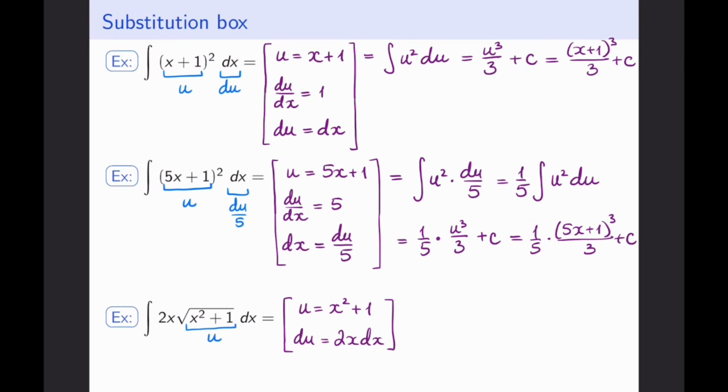So if this is too much of a step to skip for now, please do go through the same process we've done before. On the left-hand side, you will always have du by dx, and on the right-hand side, you will just get the derivative of what you have there, and then you'll go through the motion of multiplying everything by dx.